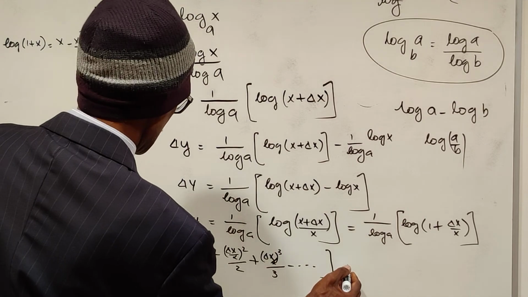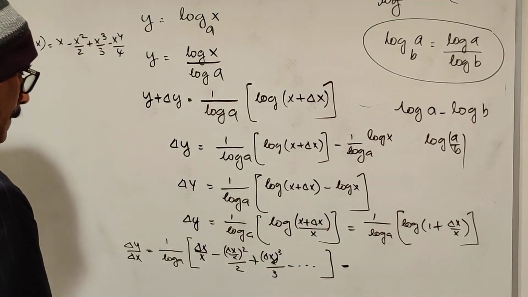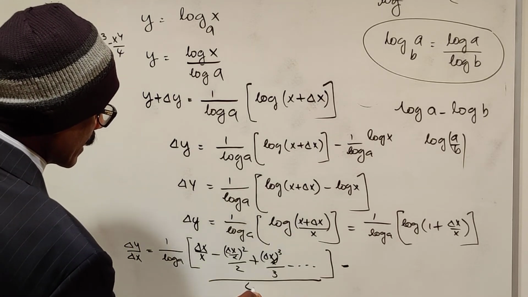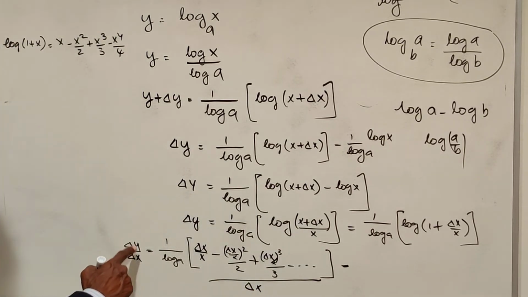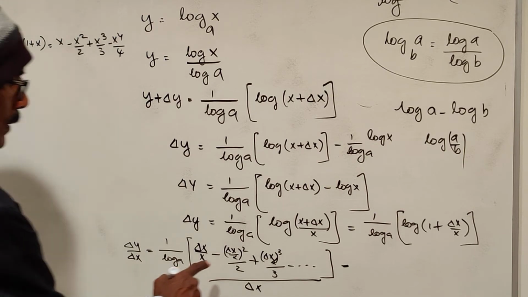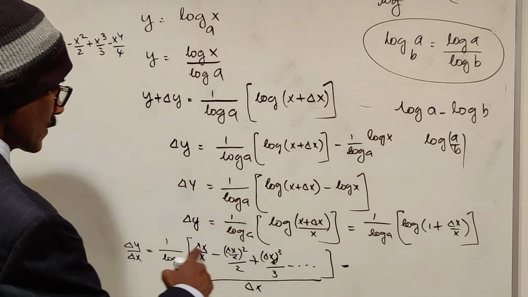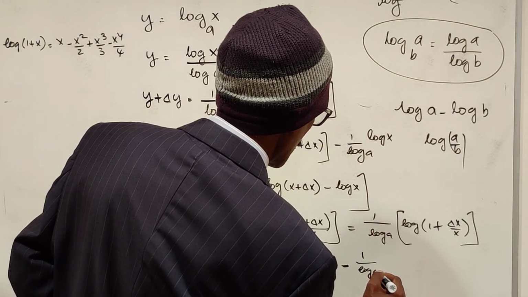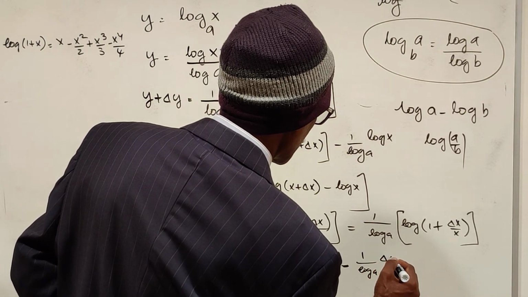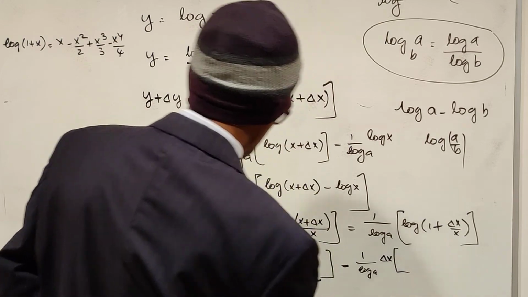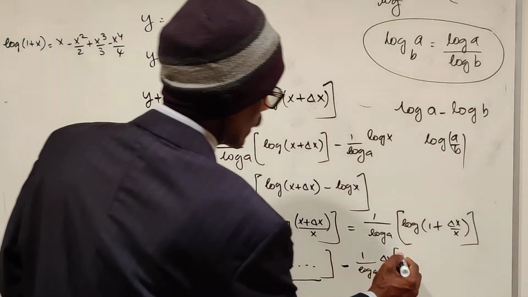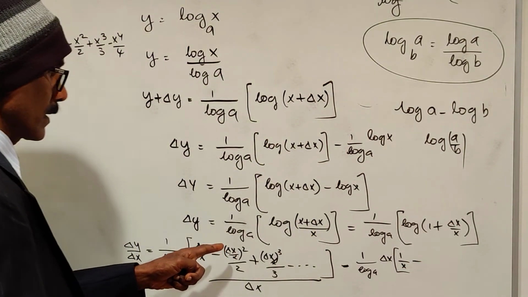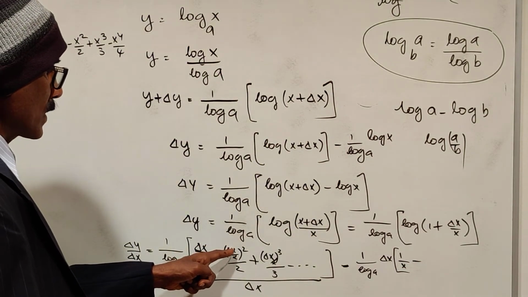Equals, okay, divided by delta x. See, delta y by delta x. So you can take out delta x as a common factor, 1 by log a, delta x as a common factor, 1 by x minus delta x square.